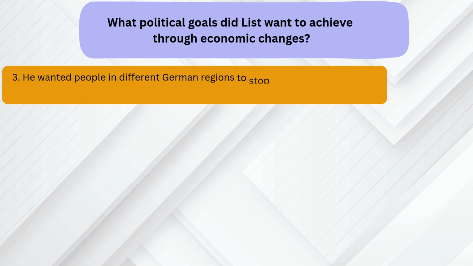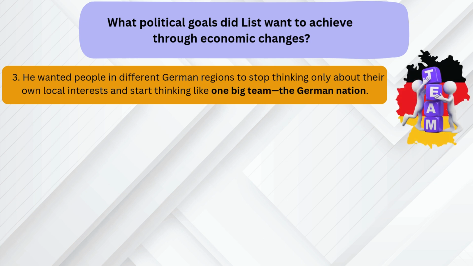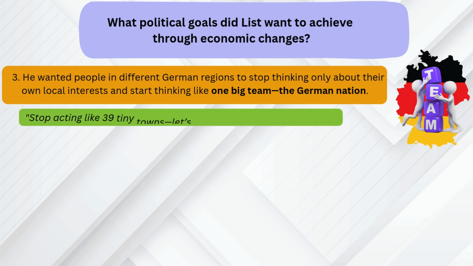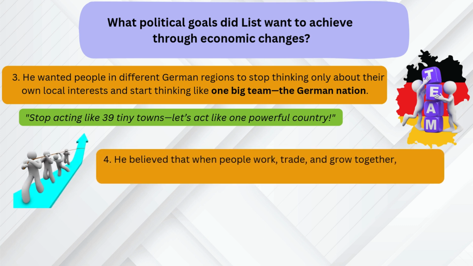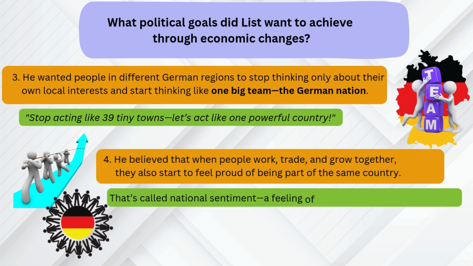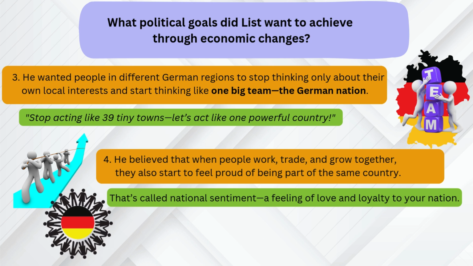He wanted people in different German regions to stop thinking only about their own local interest and start thinking like one big team, the German nation. Stop acting like 39 tiny towns. Let's act like one powerful country. He believed that when people work, trade, and grow together, they also start to feel proud of being part of the same country. That's called national sentiment or nationalism, a feeling of love and loyalty to your nation.